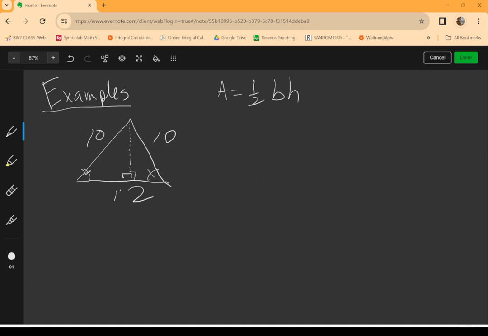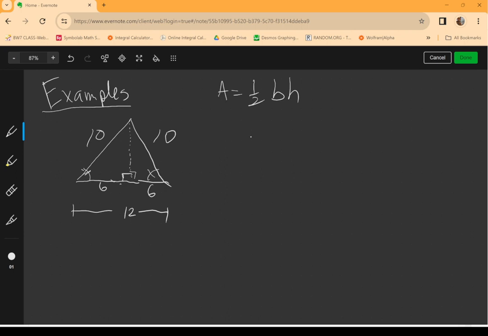So here, this side is 12, and these sides must be 6 each. That's going to help us determine the height of this triangle.